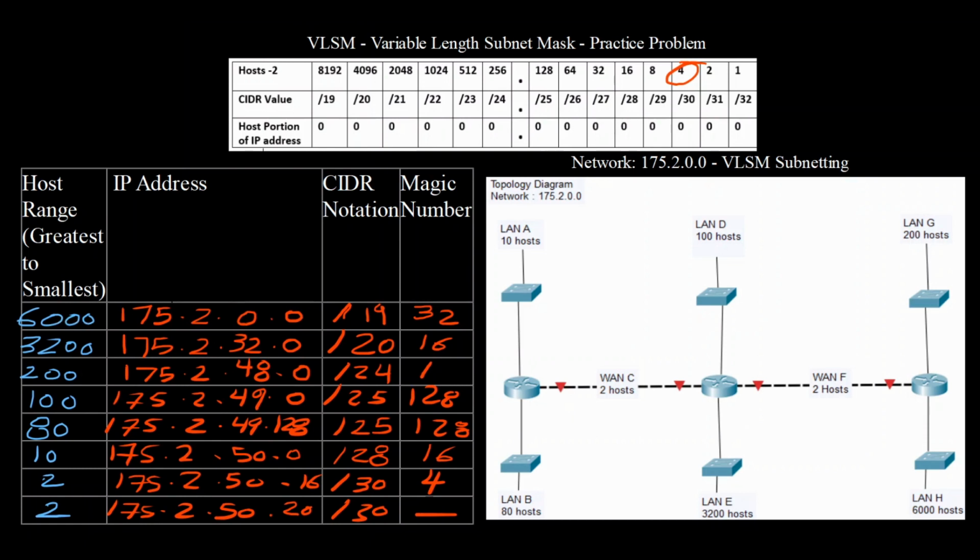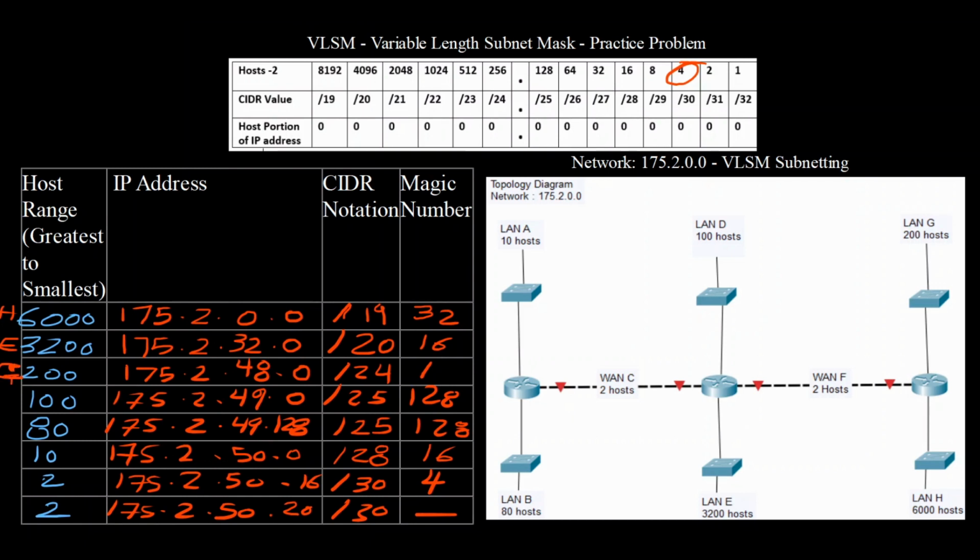This is going to be the IP address for this local area network, for H, and 3200 is for E, local area network E. 200 for G here.